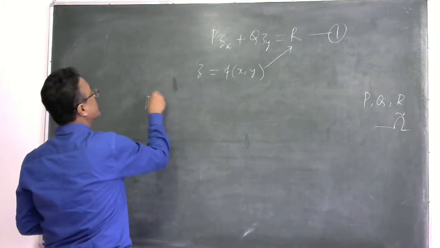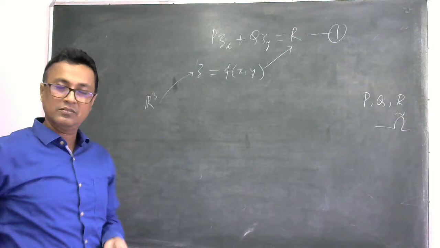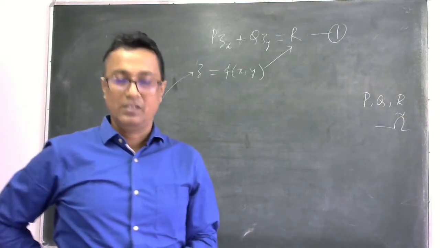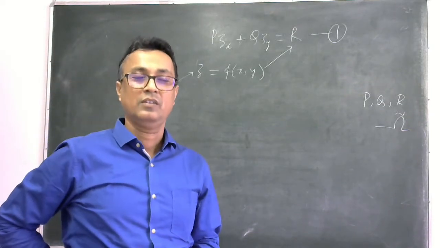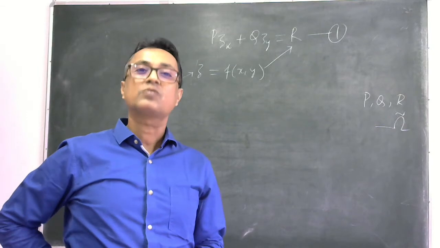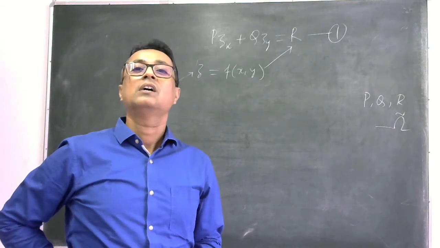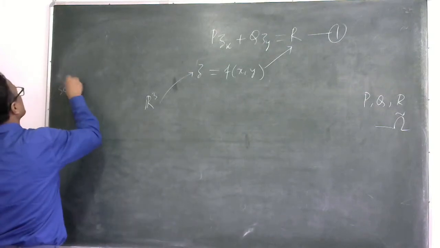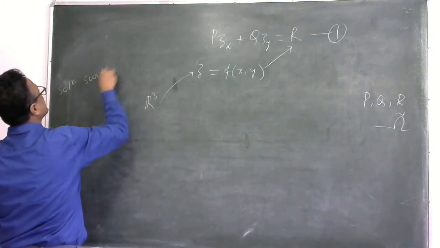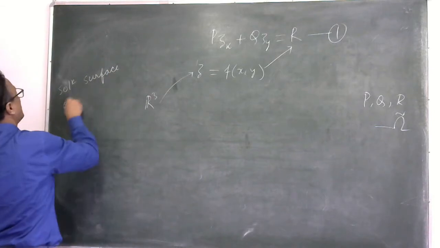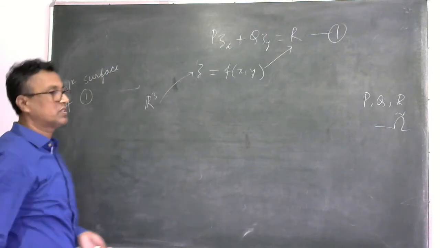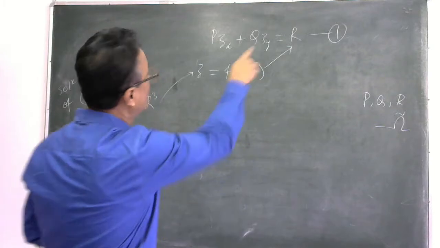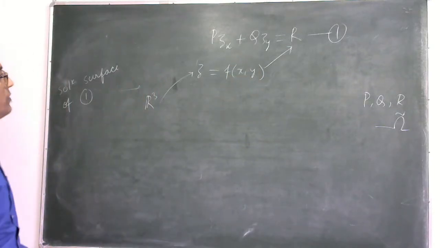Is it okay with everybody? Right? Isn't it? Yes. It is going to define a surface in R3, and that surface is called a solution surface of 1. So the surface represented by the solution of 1 is called a solution surface of 1. Fine.